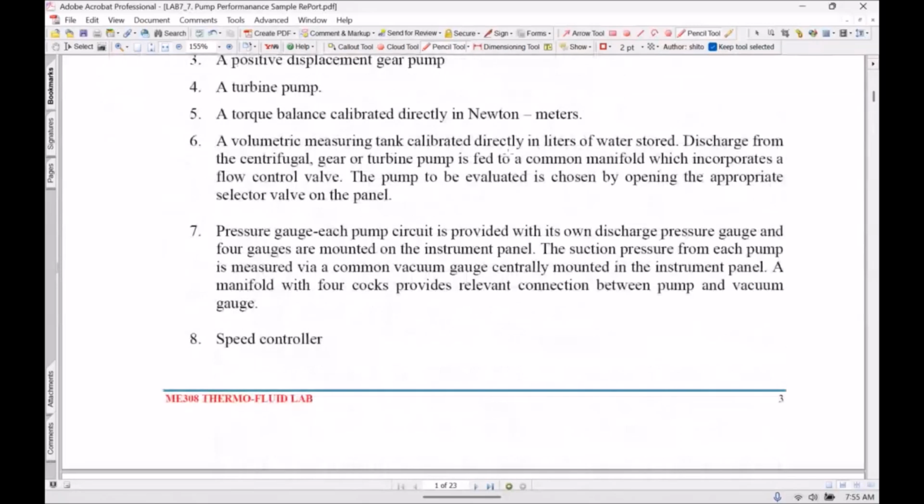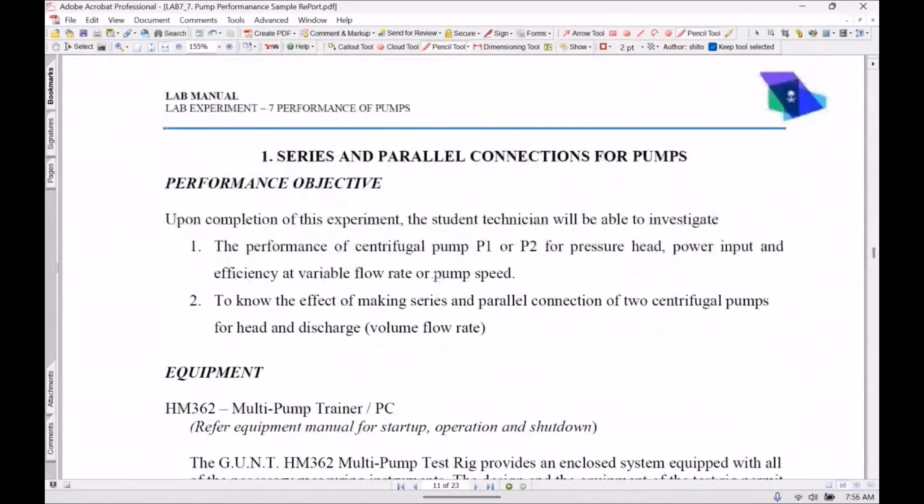Now we'll go for another experiment, the GUNT multi-pump test. Here we can do the pump performance also. There are two centrifugal pumps, choose P1 or P2, and we will find the head, power input and efficiency of that pump at variable flow rate and constant speed.